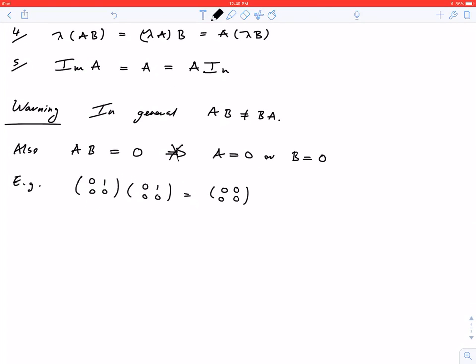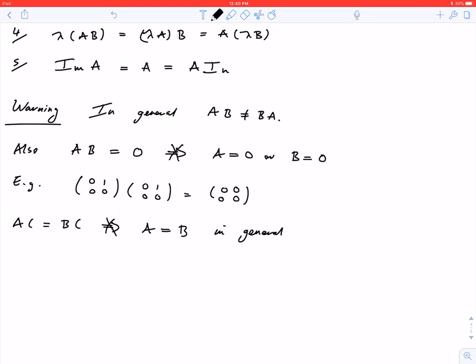A consequence of this is the following. If AC is equal to BC, you might think you can cancel off the C, but this does not imply that A is equal to B in general. So that's another thing which is different, even when C is non-zero.